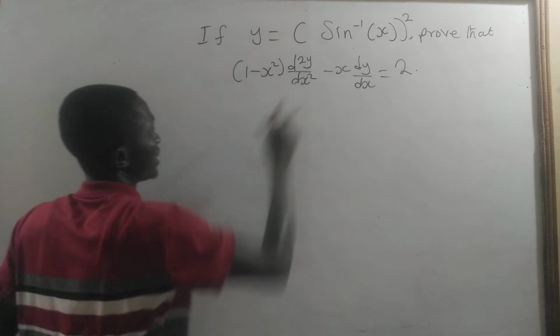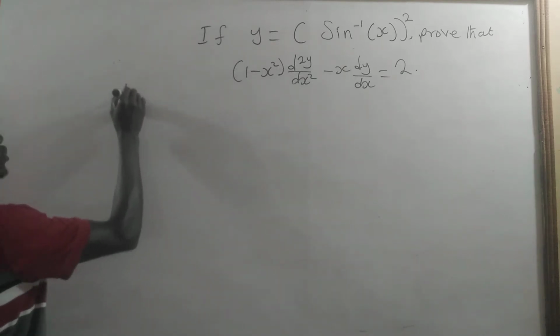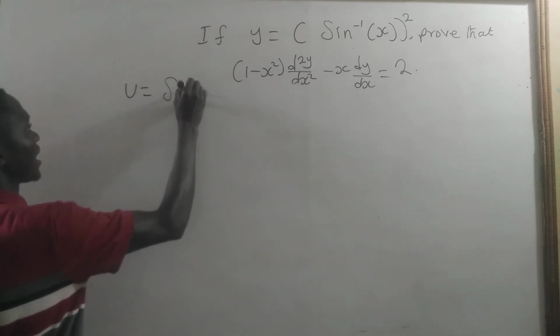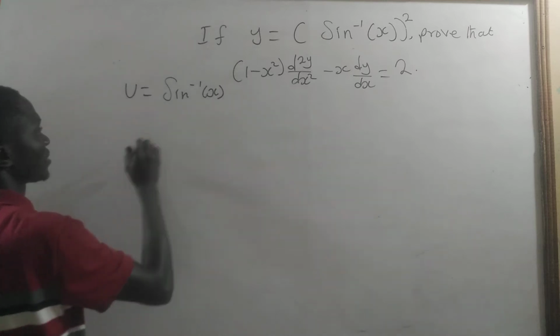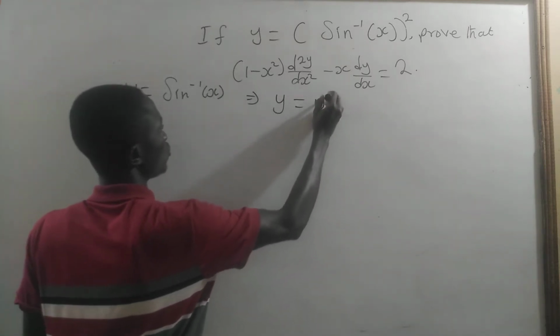Okay, so this one is a composite function. So we take u to be equal to, we are doing u substitution, the inverse sine of x. This implies that y equals u squared.